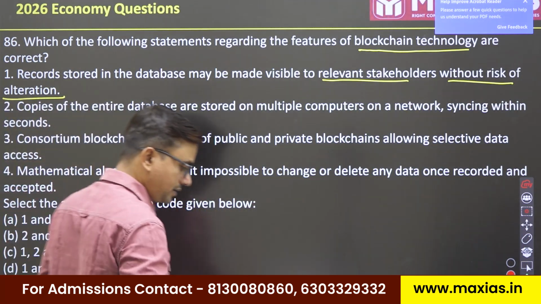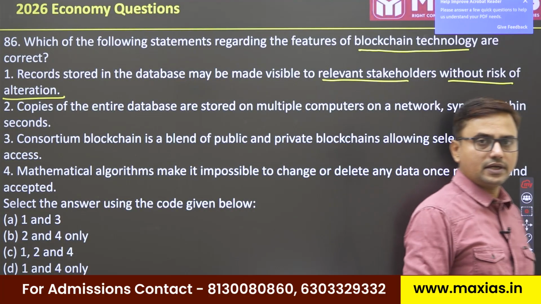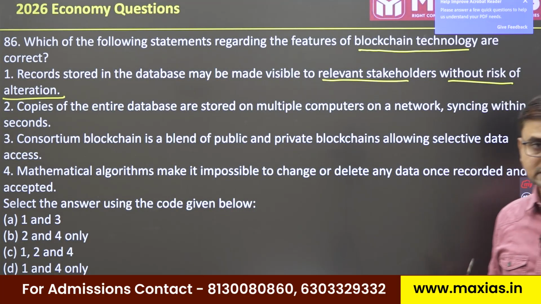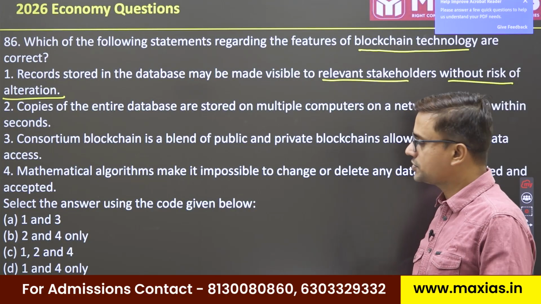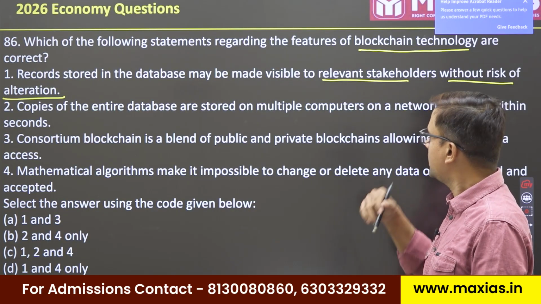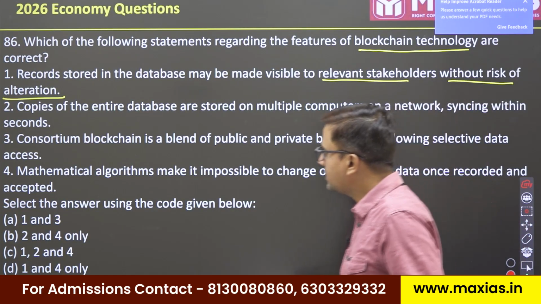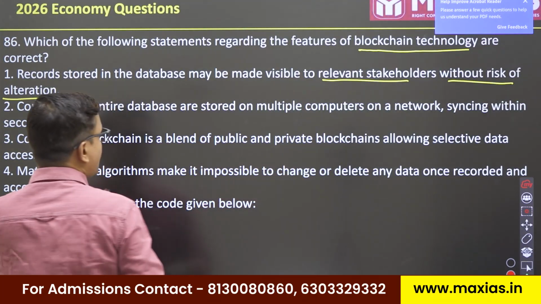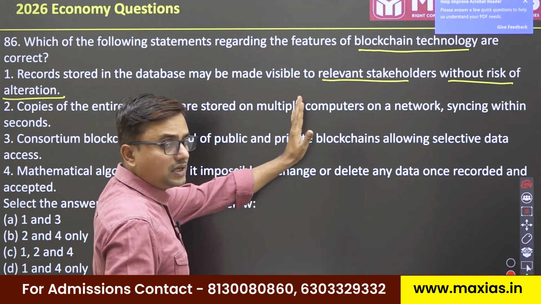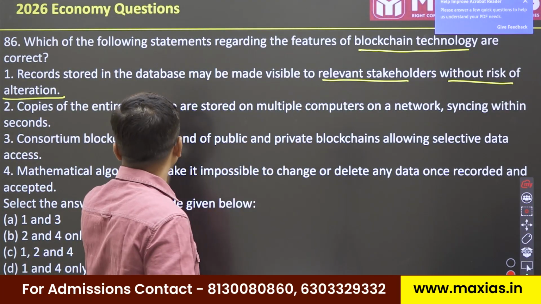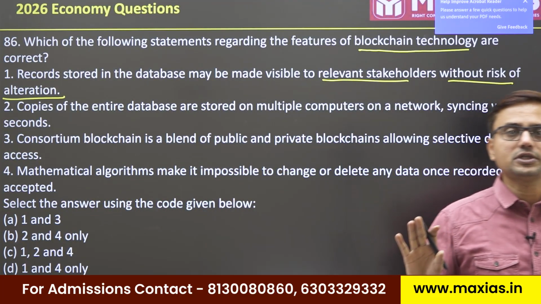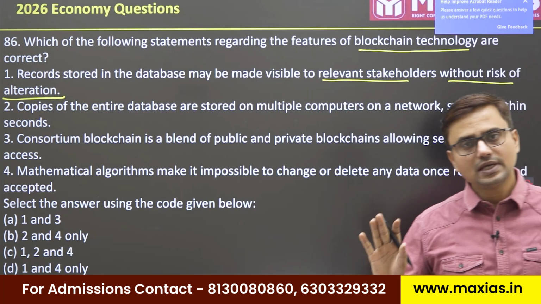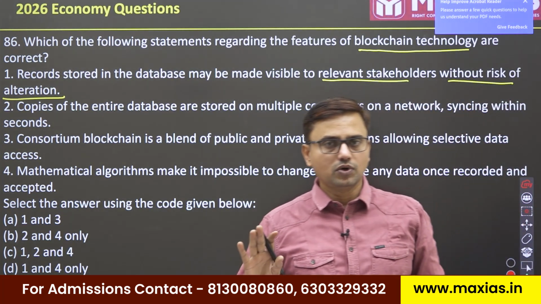Read the statement again and identify whether it is making any sense. Records stored in the database may be made visible to only the relevant stakeholders without a risk of alteration. Is it right or wrong with respect to blockchain technology? This is a correct statement with respect to blockchain technology.